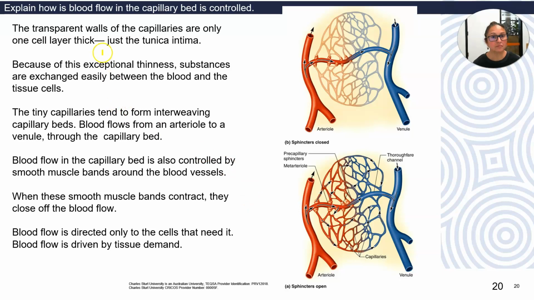Okay, before we get into the capillaries themselves, let's have a look and see how blood flow is controlled. Now, we did see this a little bit before. Remember how we said that the arteriole can control how much blood goes through the capillary bed? So that's one way, but another way is, can you see these?